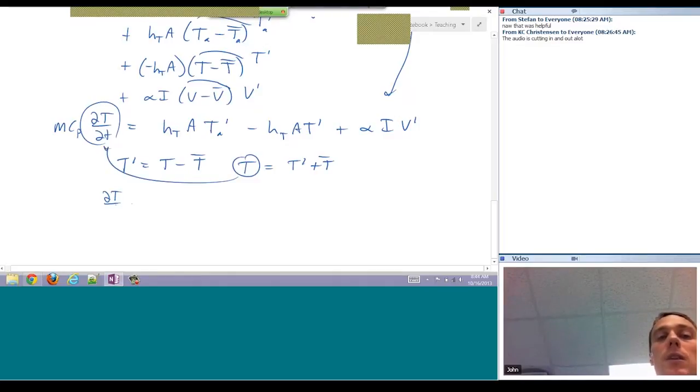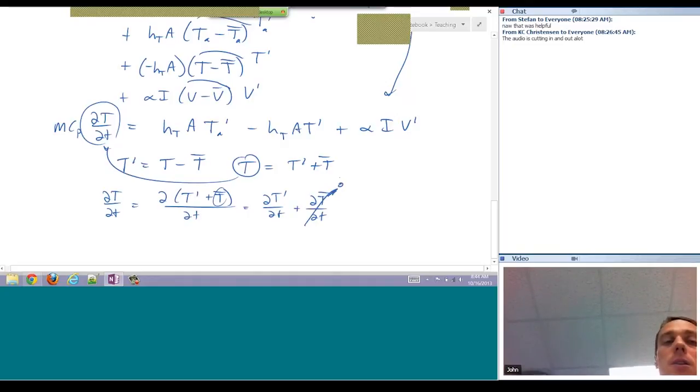What do I know about what happens to T bar? That's a constant. So it's just going to equal dT prime/dt plus dT bar/dt, and that's going to be 0. So I can just substitute in the T prime.